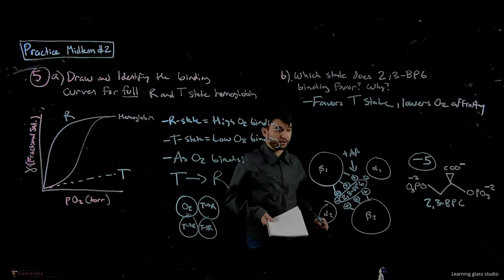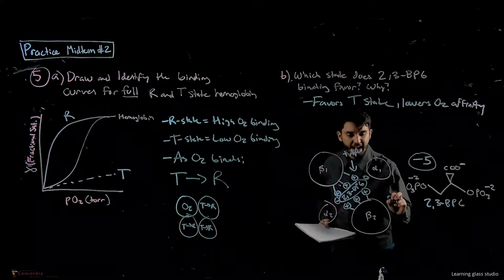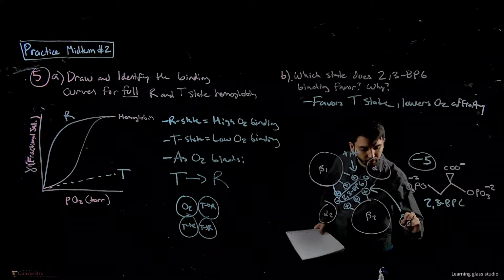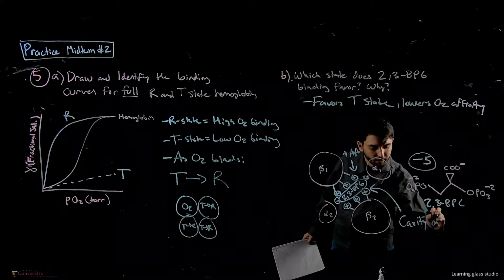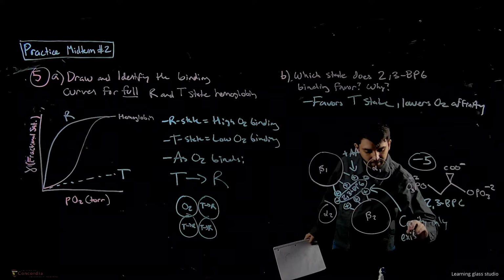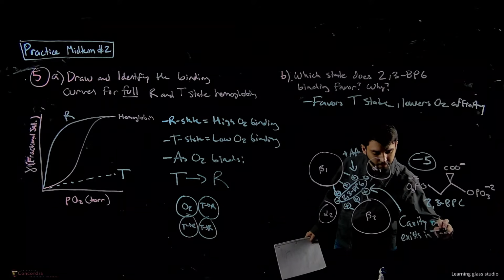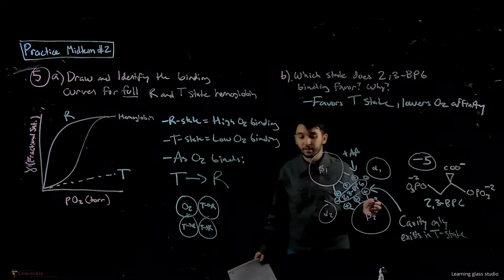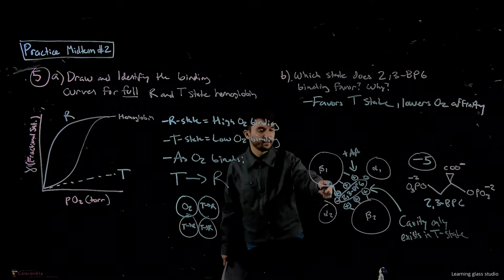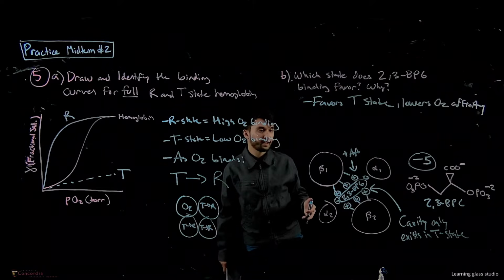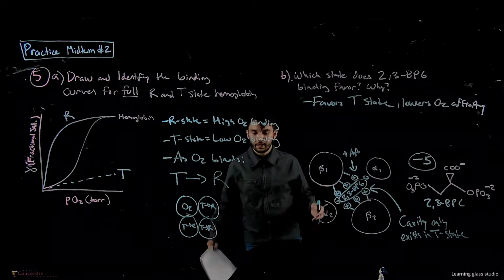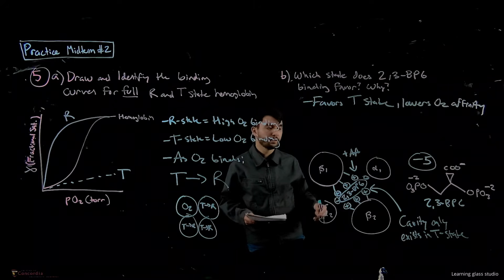Essentially, the catch is that this cavity only exists in the T state. So 2,3-BPG is stabilizing the T state because it is binding to these positive amino acids in this little gap in the hemoglobin protein.